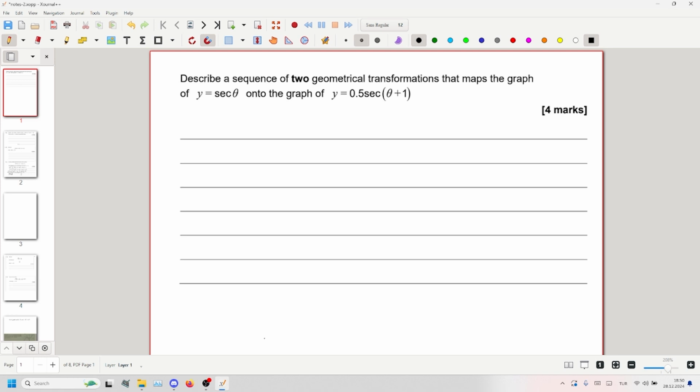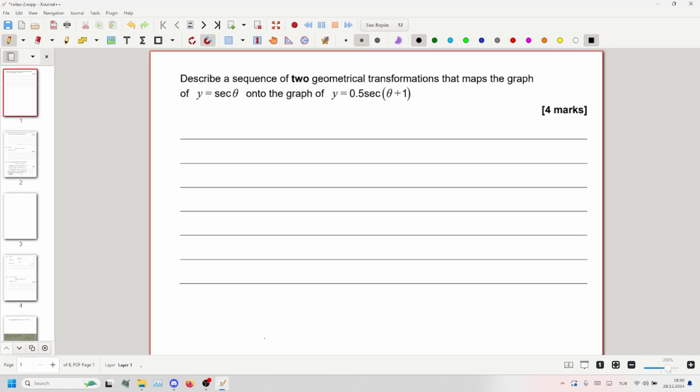So our first transformation is to translate by the vector (-1, 0). With this, we'll achieve secant of theta plus 1.